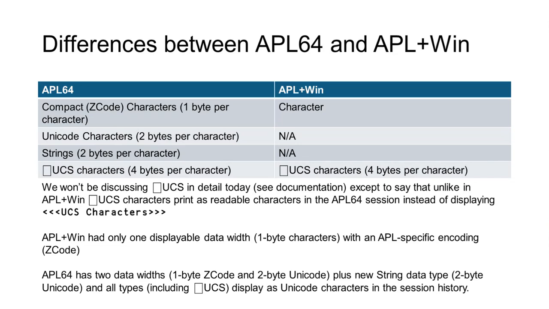APL plus Win had 1 displayable data width, which was the 1 byte character encoding. And Apl64 has two widths, the 1-byte Z code and the 2-byte Unicode, plus the new string data type, which is a 2-byte Unicode. And all the types except for quad UCS display as Unicode characters in the session history. So any output that's generated is displayed properly.